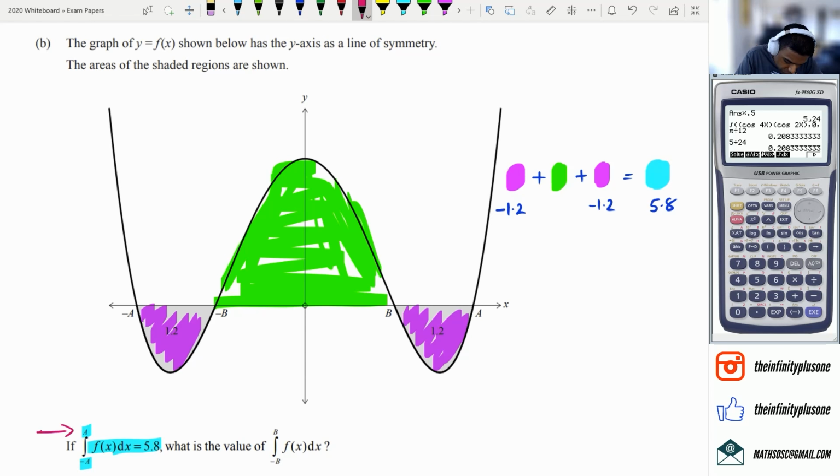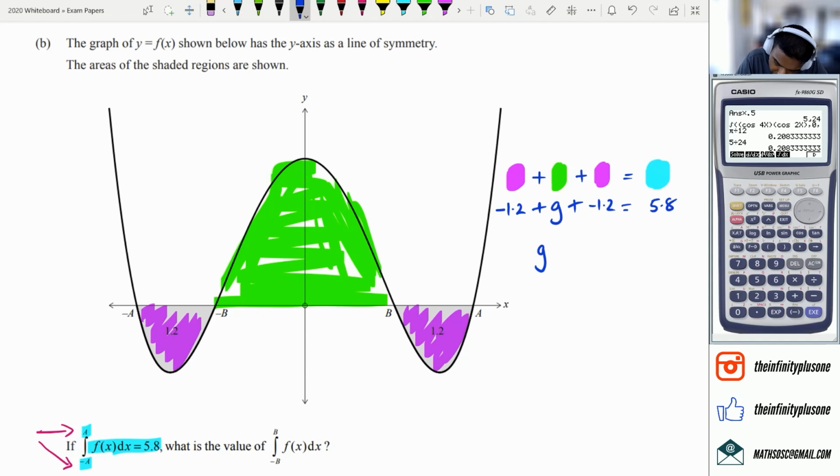Because they calculated between positive a and negative a, whatever area is above the x-axis will add to the area below the x-axis, but whatever's below the x-axis is going to come out as negative. So you're going to get negative 1.2 and negative 1.2. And of course, the green area is still what we're trying to figure out. So let's just put that as, I don't know, G, for example.